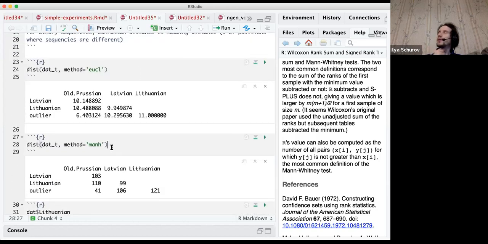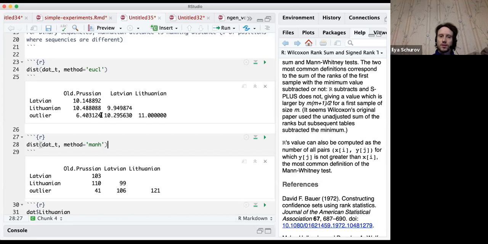We can divide these distances by a number. Actually this distance is itself larger, because when we do Euclidean distance, we find the square root of some sum, and here we don't have this square root.